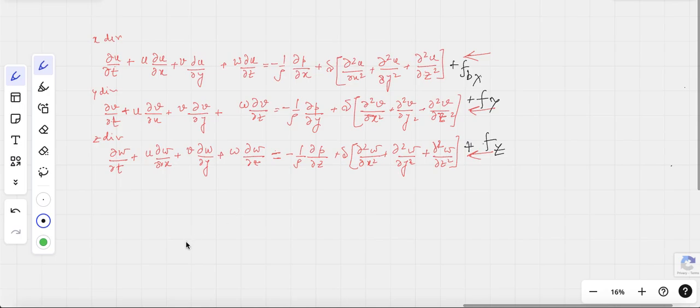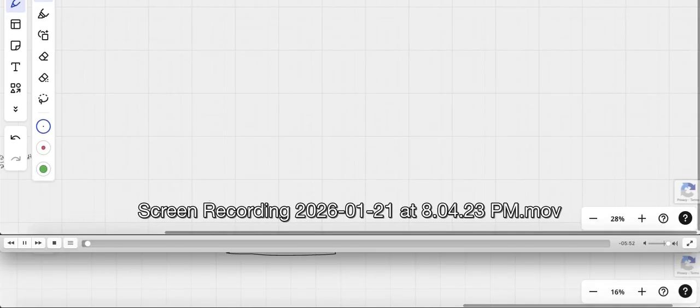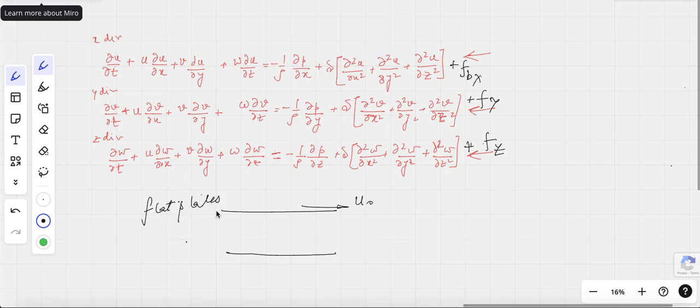In Couette flow, these are the two plates, flat plates, where the upper plate moves with a velocity of u0, and this would be the velocity profile, right?